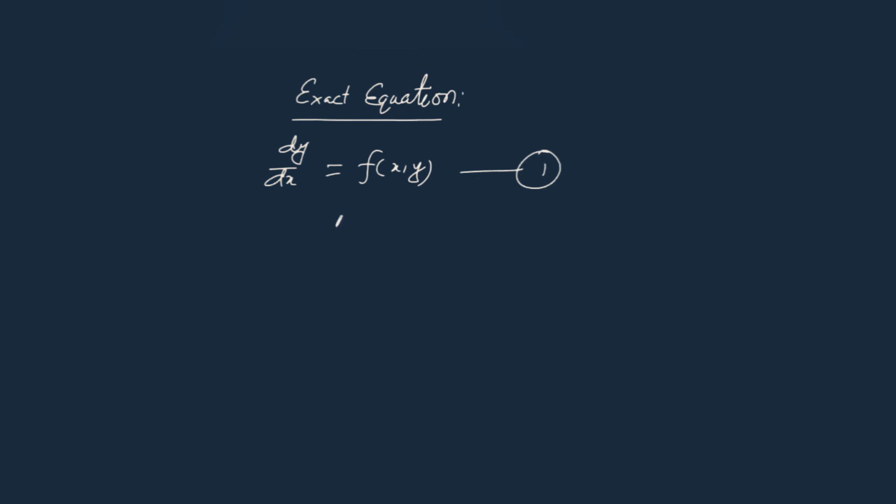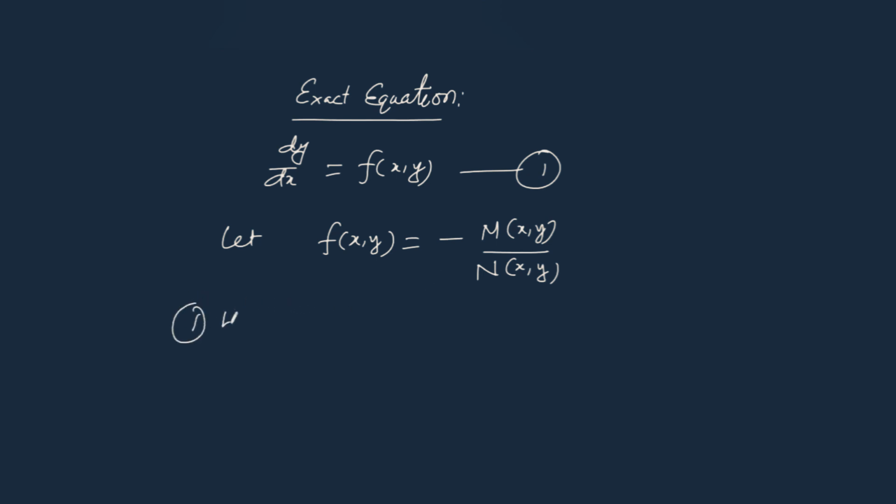Now this equation can be written in many different forms. For instance, let f of x, y equal negative M of x, y upon N of x, y. M and N are functions of x and y.